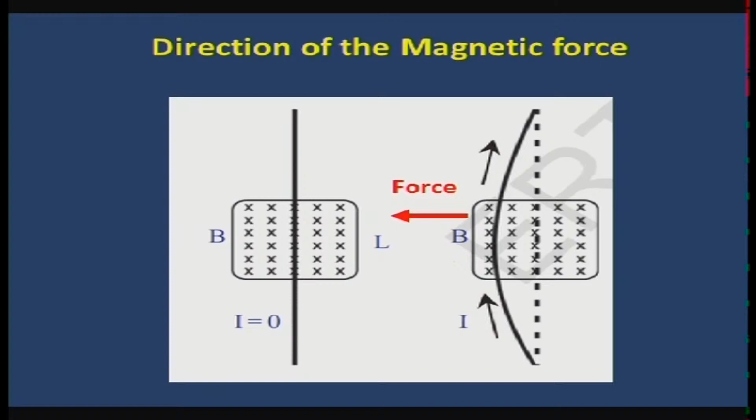Stretch your middle finger, thumb and index finger in such a way that the index finger shows the direction of flow of current, that is upwards, and the magnetic field is pointed by the middle finger. Now, the thumb shows the direction of the force, that is towards left. So, whenever a current carrying wire is placed in an external magnetic field, it will experience a force.